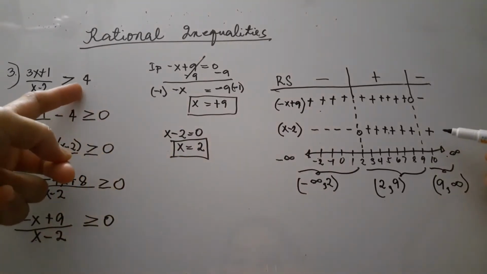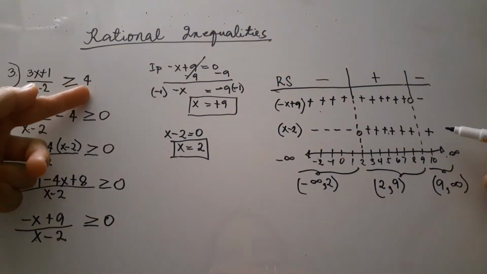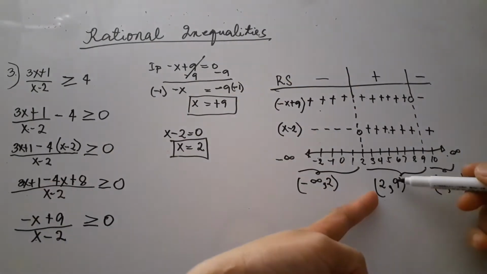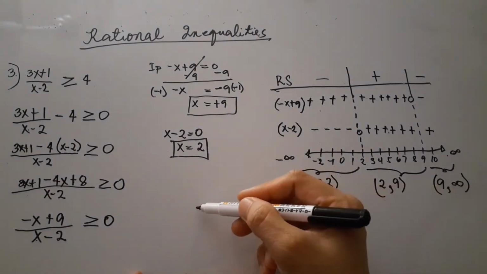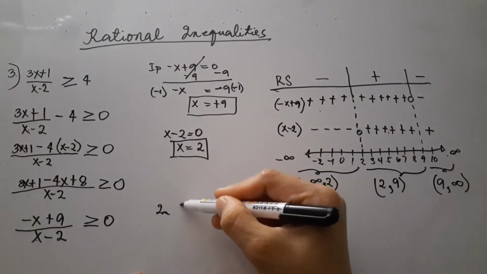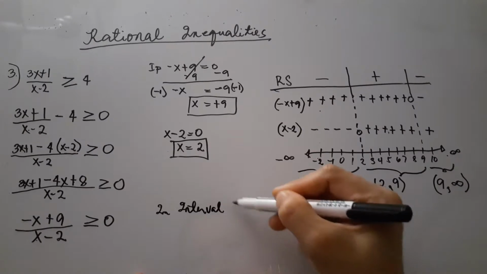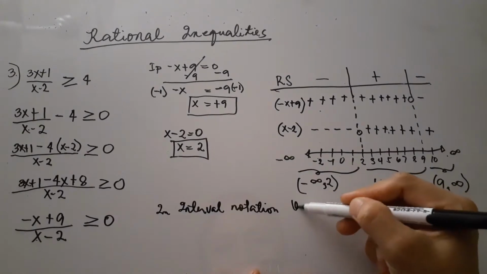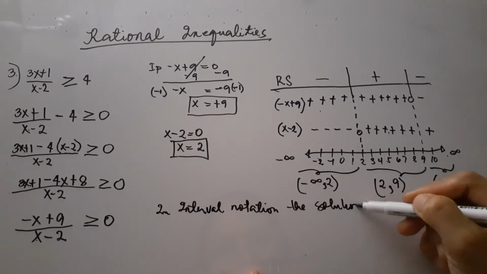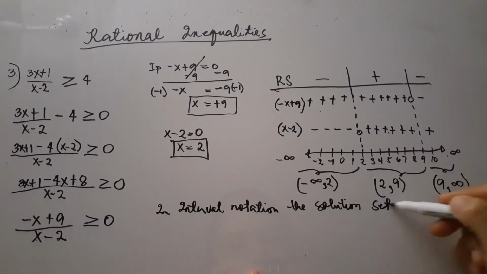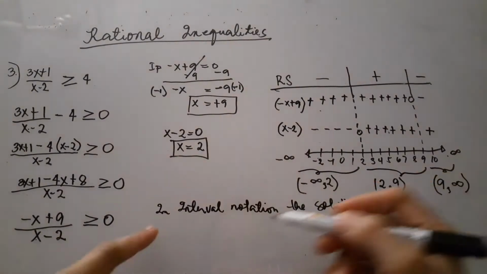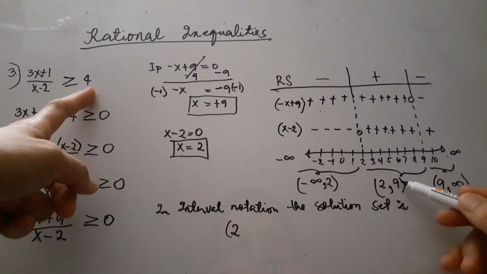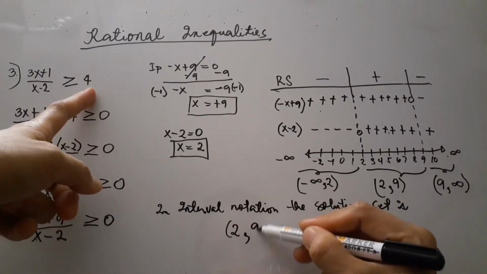In the equation, it is finding the value which is greater than or equal to 4. Since positive is equal to 4 or greater than 4, so in interval notation the solution set is: we have 2, since 2 is less than 4, so we need to have an open interval, and 9 is a closed interval.